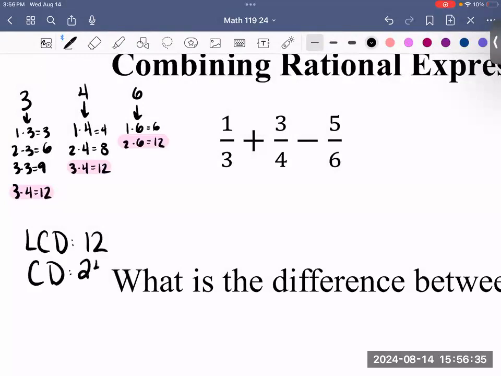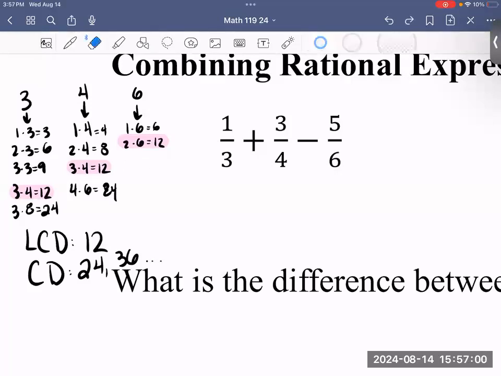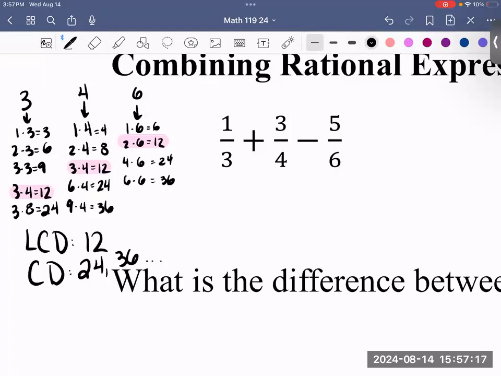Well, it could be 24, it could be 36, and it could continue, right? 3 times 8 could give you 24. 4 times 6 can also get you to 24. 6 times 4, 24. 4 times 6, 24. 6 times 6, 36. 9 times 4, 36. And 12 times 3, 36.